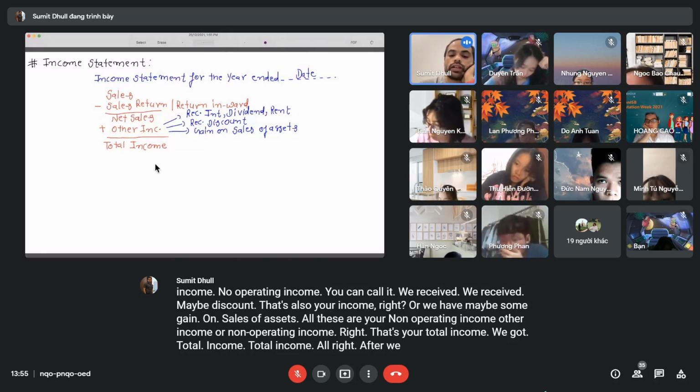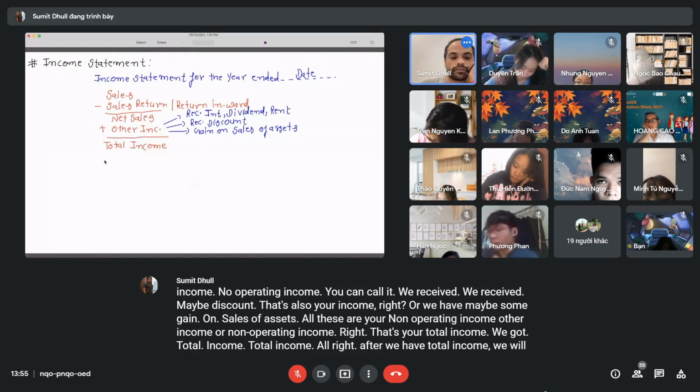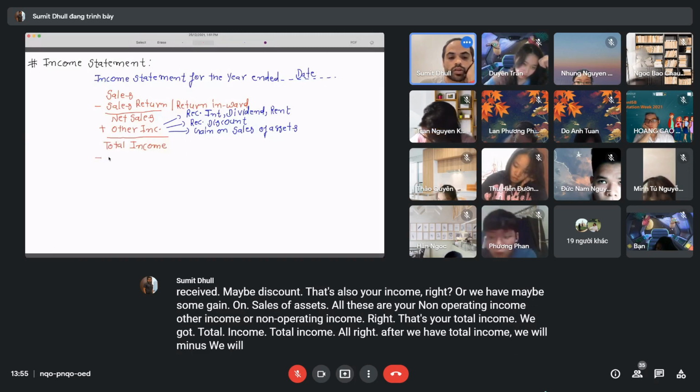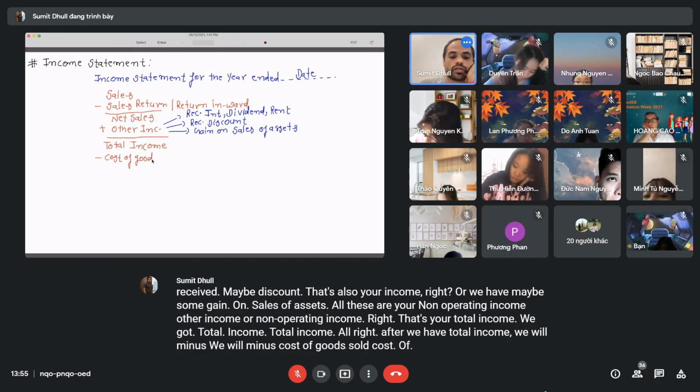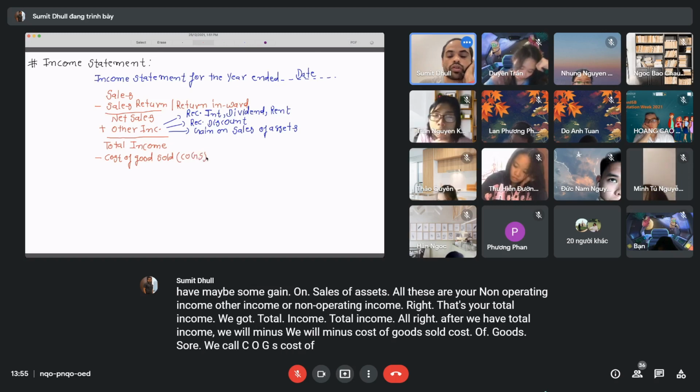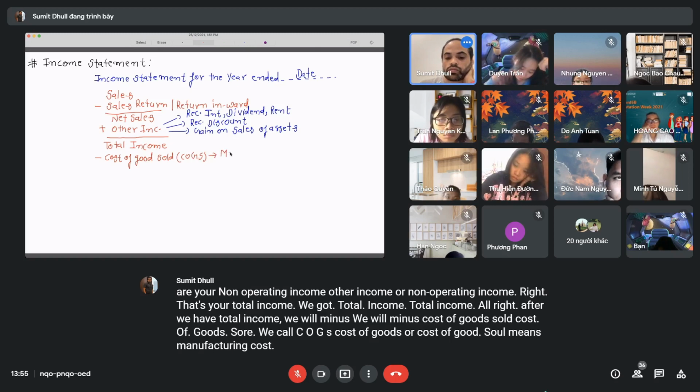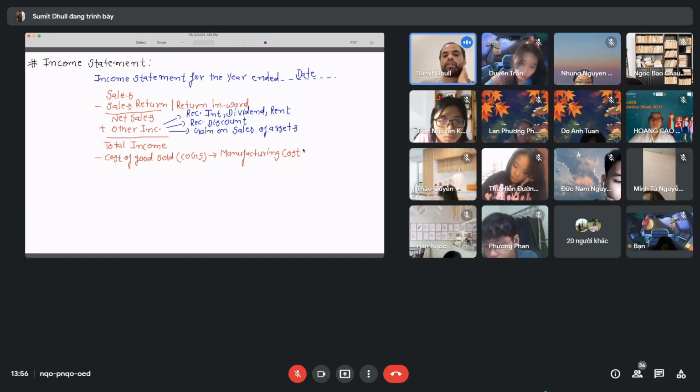After we have total income, we will minus cost of goods sold. We call it COGS, cost of goods sold. Cost of goods sold means manufacturing cost.